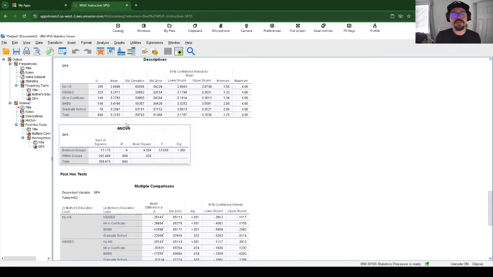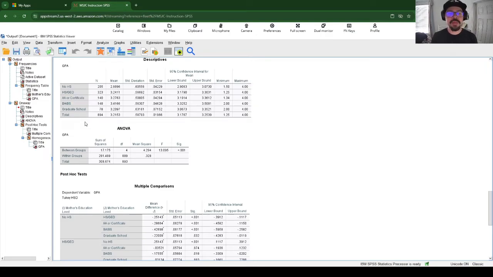So this descriptives table, as I mentioned, is giving you the average. So remember, we're relating this back to our research on the topic of, does mother's education level affect GPA? So the average GPA of students whose mothers have no high school education is 2.99.